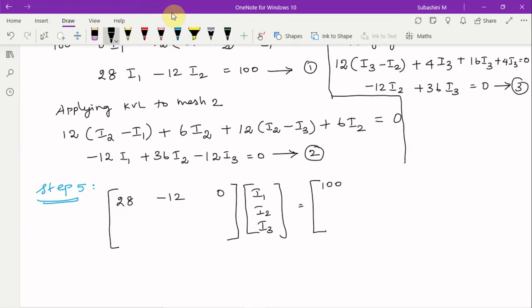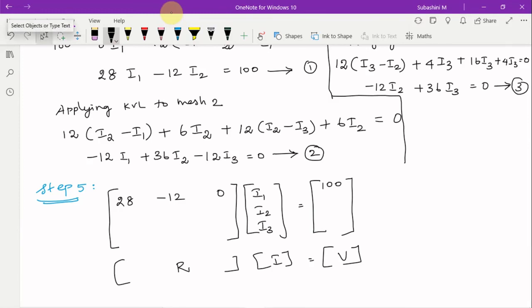This is the values of resistances, this is the values of current in the circuit, and these are the values of voltage in the circuit. So you can see that this is nothing but the extension of Ohm's law. That is what we are trying to do here.